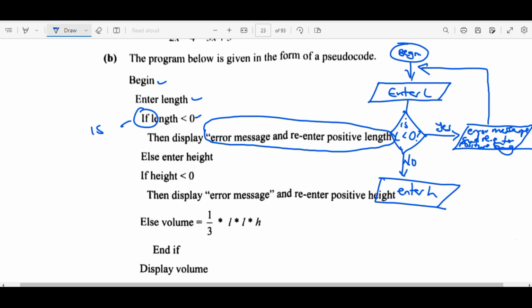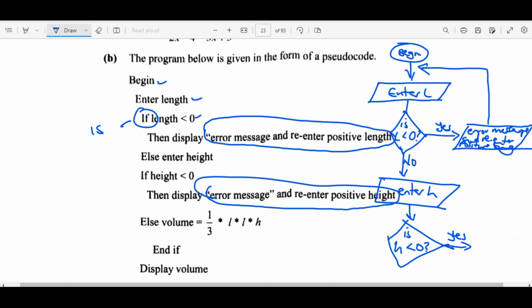So after we've entered the height, then if, the decision has to be made. We're saying is h less than 0? There are two options, yes or no. If we say yes, then error, so re-enter positive height.